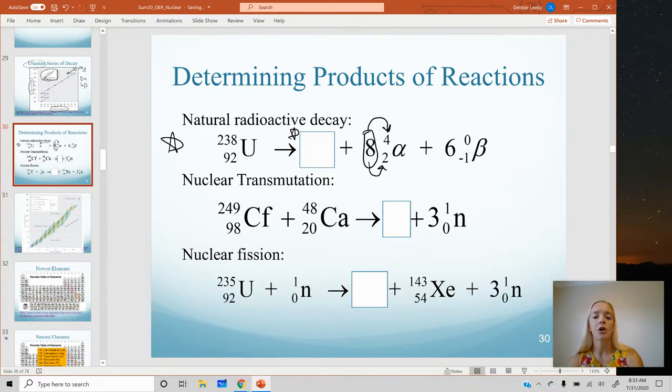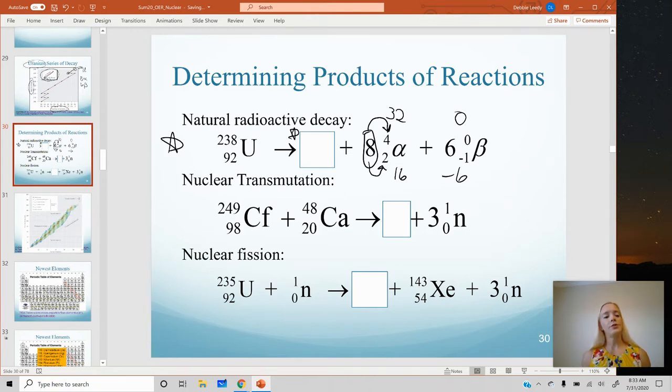So in other words, for our alpha decay here, we have a total of 16 protons that are contributing, and then we have a mass number of 32 once we multiply those two numbers together. For our beta decay, we have a total of -6, again watching our sign because the beta particle is negatively charged. We have -6 for our proton count, and we have a 0 for our mass number.